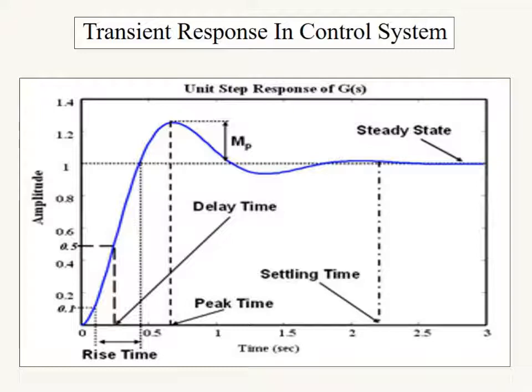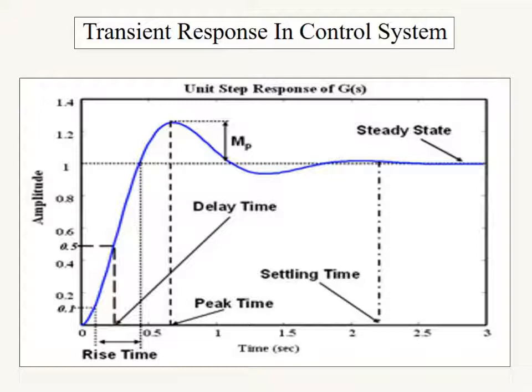Now this is the most important part, that is the transient response in a control system. So for the control system, the characteristics are like this. We can have the amplitude versus time, for a system working at a particular time. Let us say we have 1 as the fixed value, or the steady state value, which we are supposed to achieve.